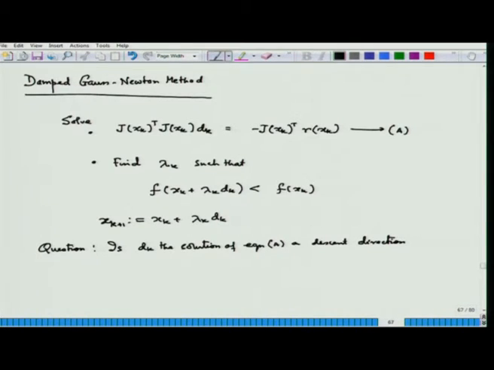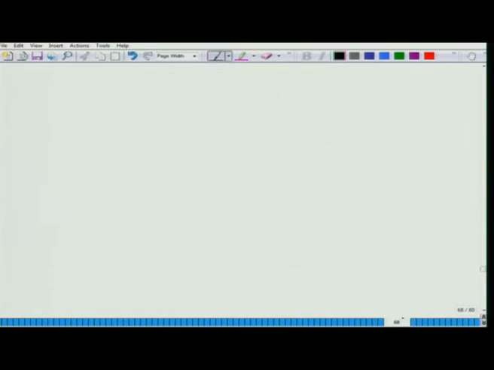Of course, if you write d_k as the inverse of this, then that will become a descent direction, that is immaterial. But in general, can you show it to be a descent direction? Kindly take this down as homework. Once you know this, I will give you an additional homework example to try out the Gauss-Newton method. You can even run it on your computer by writing programs.